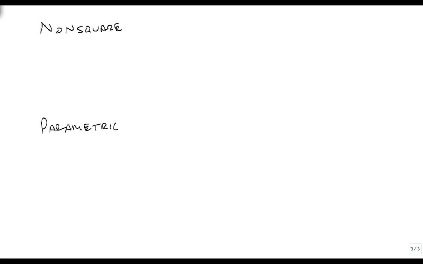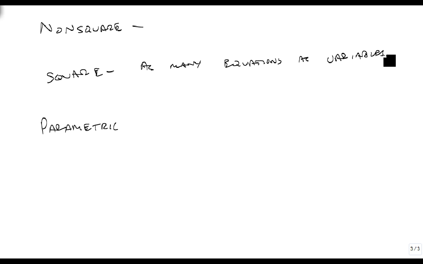2 more definitions. Non-square and square, let me actually start with square. There are as many equations as variables. If there are as many equations as there are variables, then it's square.